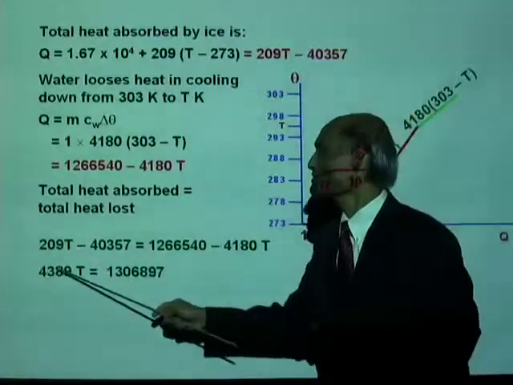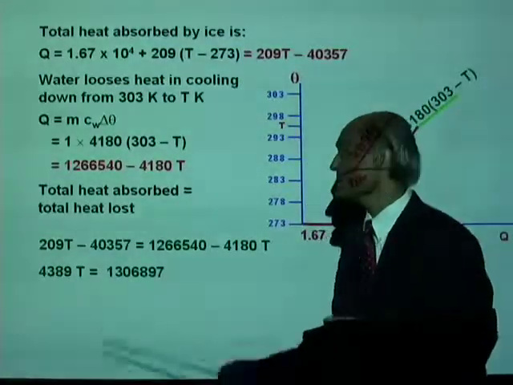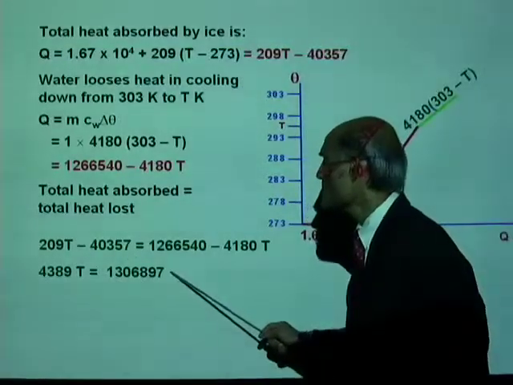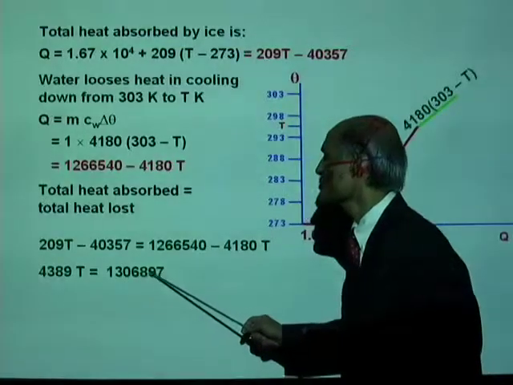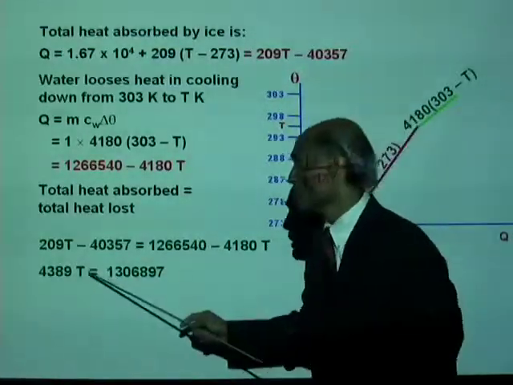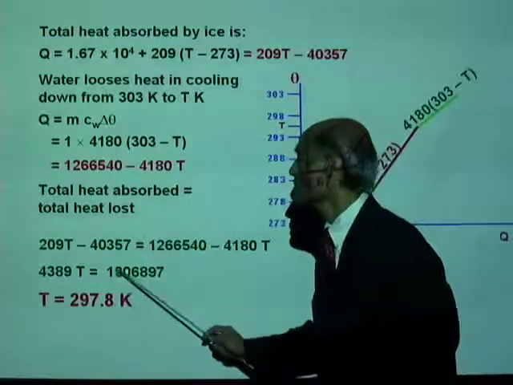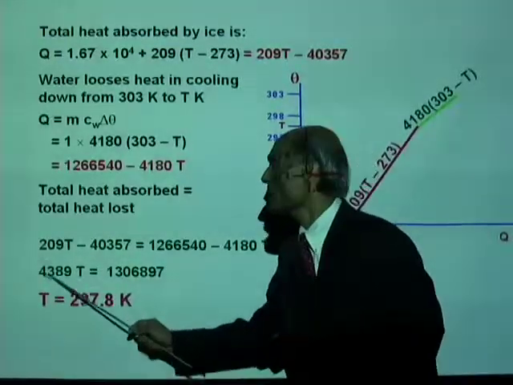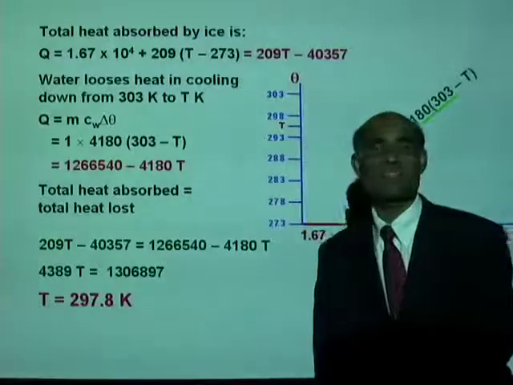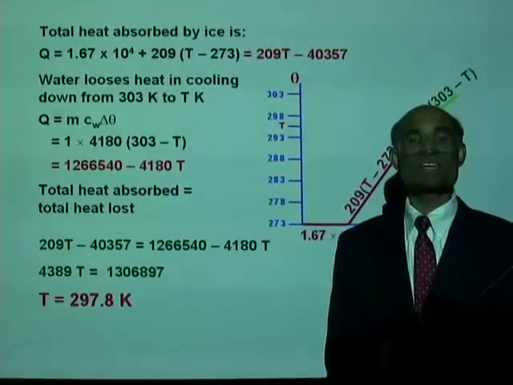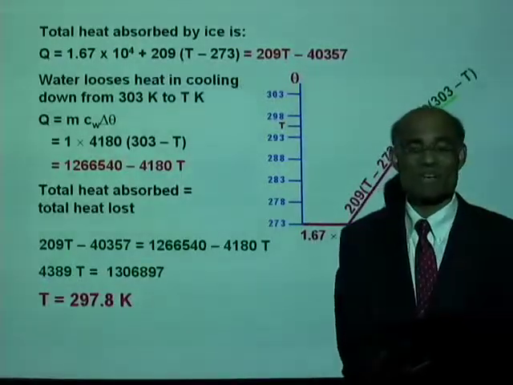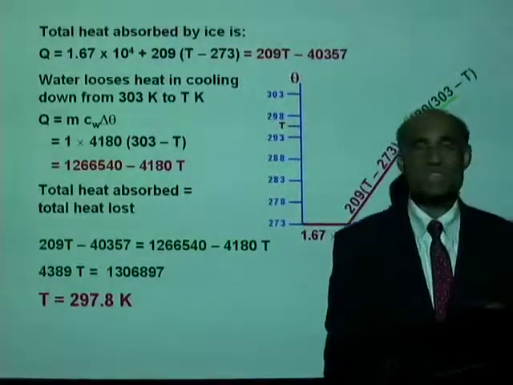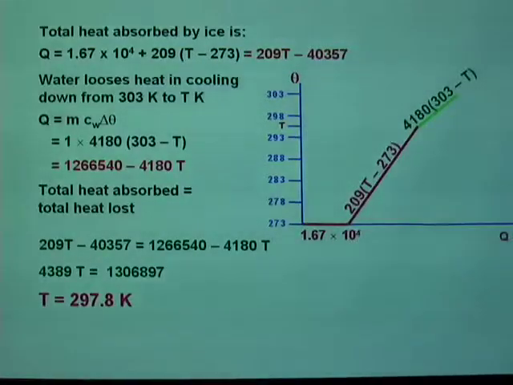We get 4,389 T equal to this big number. Well, that would be 1,306,897. Therefore, T equal to, divide the right side by this number, you get 297.8 Kelvin, and that is the final equilibrium temperature. Again, a very, very interesting type of problem, and you must be familiar with these kind of problems.